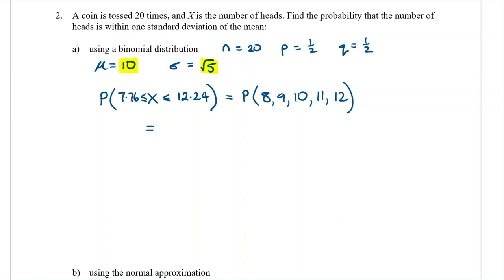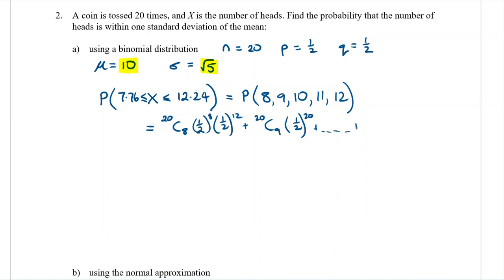So it will be 20C8 half to the power of 8 and half to the power of 12. I'm going to shorten it. 20C9, just going to shorten the half to the power of 20 every time. And so on.